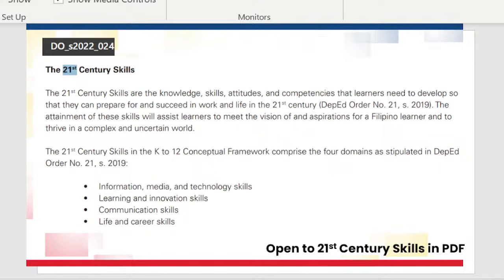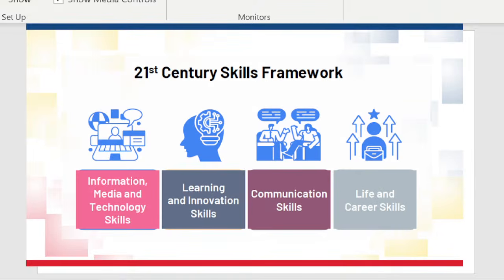They are information, media, and technology skills. Second domain is the learning and innovation skills. Third is the communication skills. Fourth is the life and career skills. Those are the four domains of the 21st century skills framework.